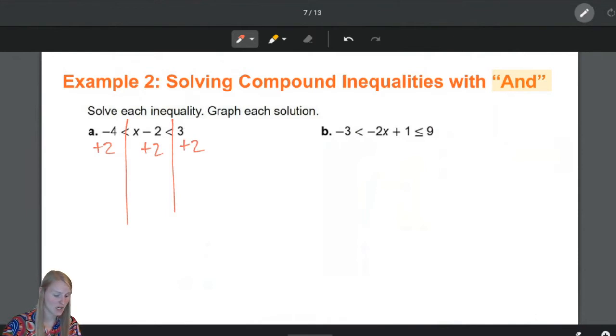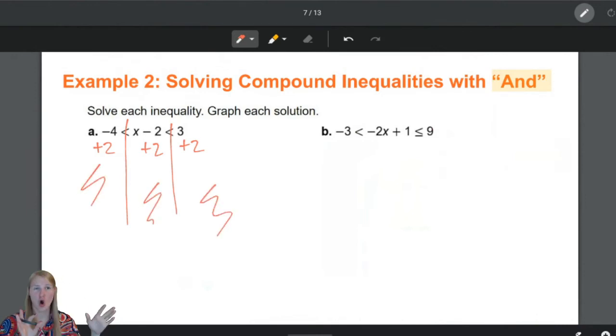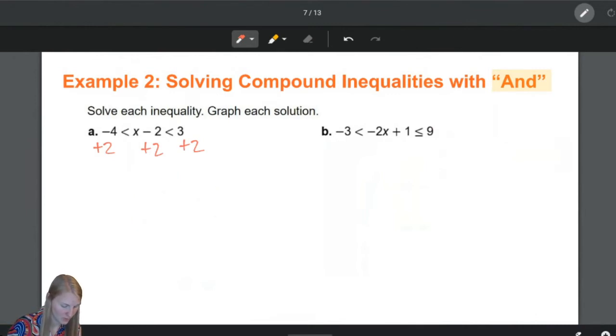So remember how we drew these lines to talk about different sides of the equation or different sides of the inequality? So now, when I add 2 to one side, I've got to add it to all the sides. This side, and this side. All need a 2.